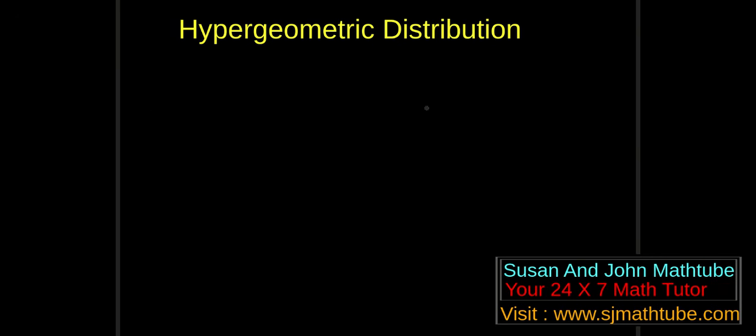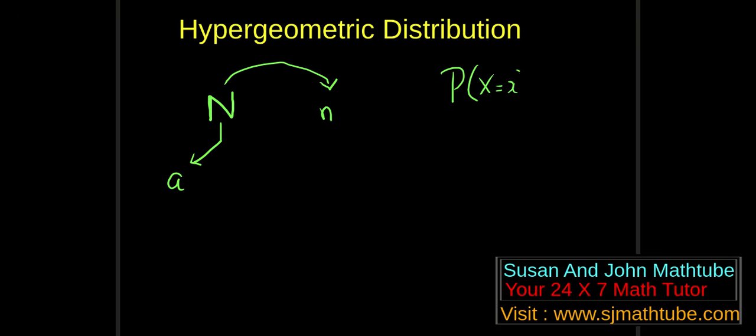Okay, so once more, we have capital N number of items of which A has some sort of special properties, and from this lot you selected a sample of size small n, and we are trying to find the probability X of them will have the special property. And it's very simple to write.